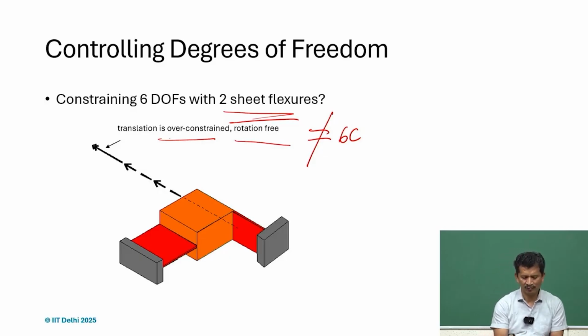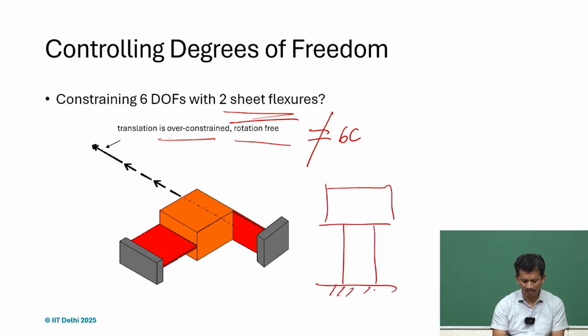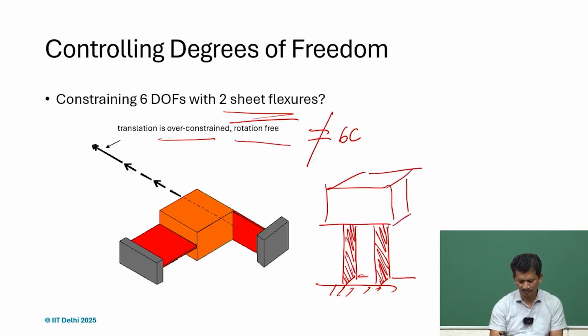So, if we take sheet flexures like this, and take these two planes, what will happen?